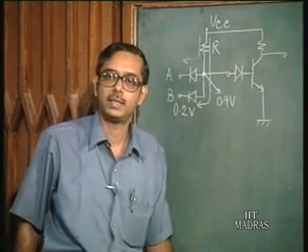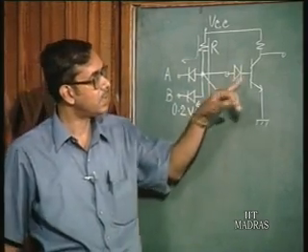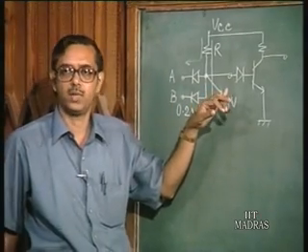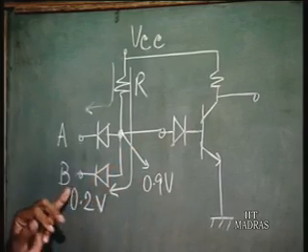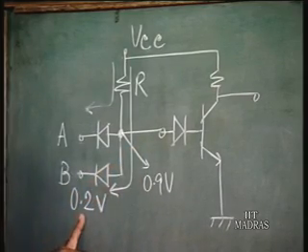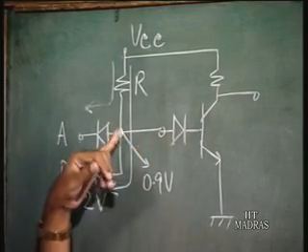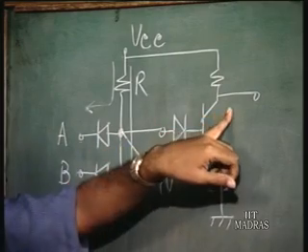So this circuit will work as an inverter, as a NAND gate, because when this input is low, 0.2 volts, then here is 0.9 volts. This transistor is off.